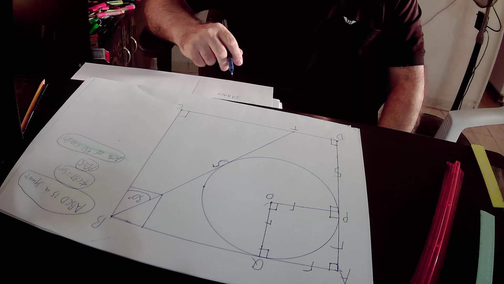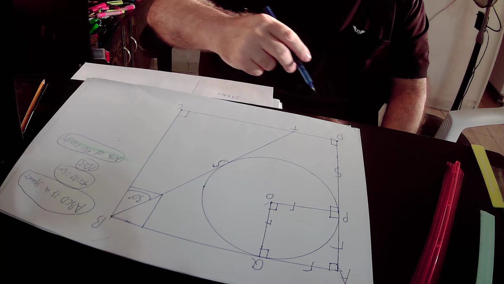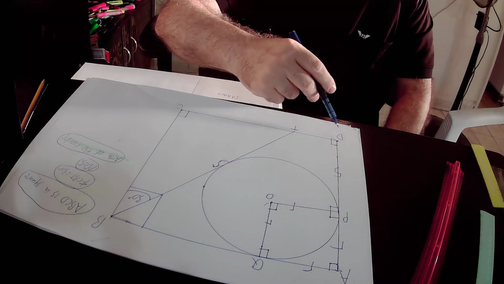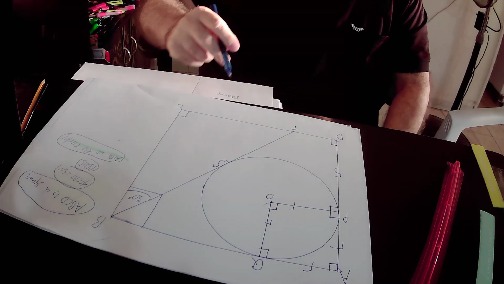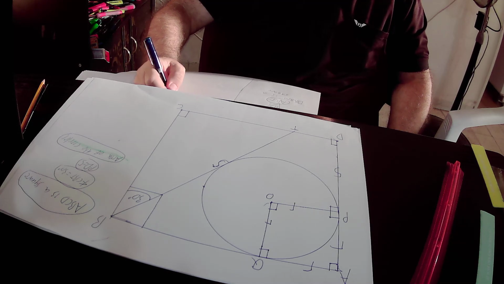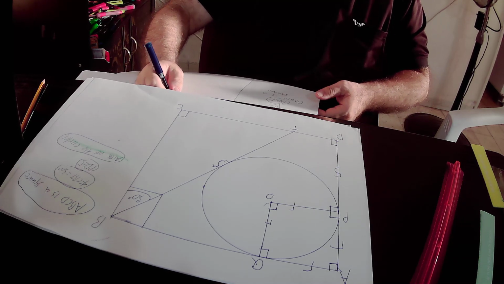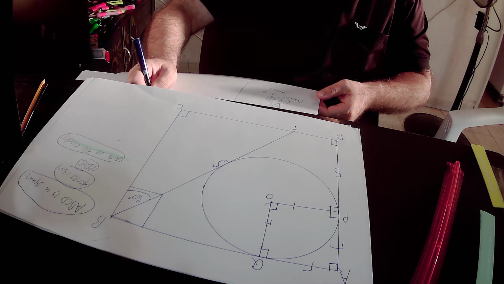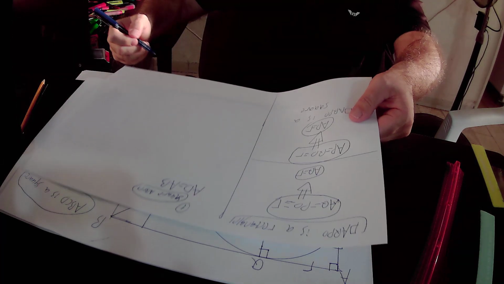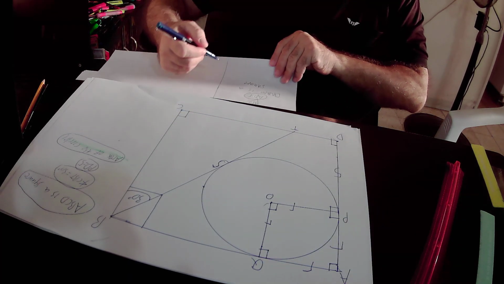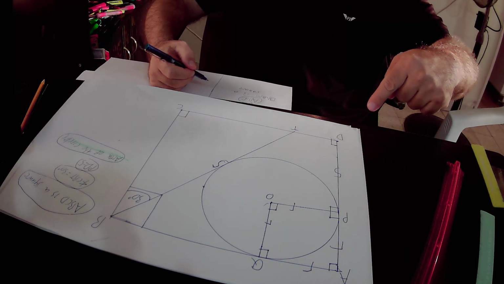In addition, we also know that all the sides of square ABCD are equal to each other, of course. That is to say, side AD equals side AB in square ABCD. What is the length of side AD?